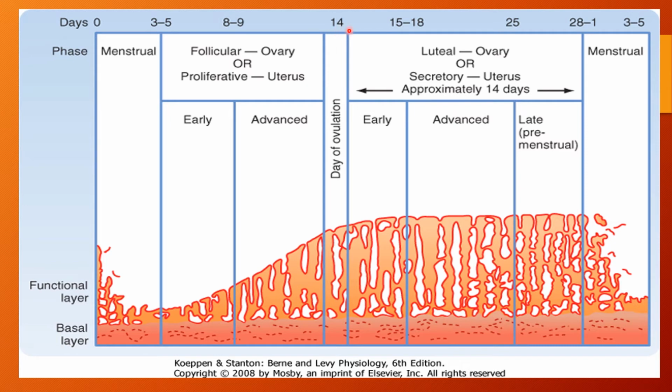Then day 14 will be the day of your ovulation, approximately. And within 28 days, if there is no fertilization of that ovum that was expelled, the corpus luteum will regress. So you see from proliferative it becomes your secretory phase.